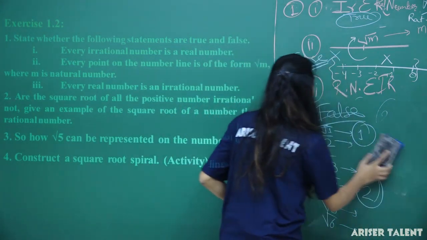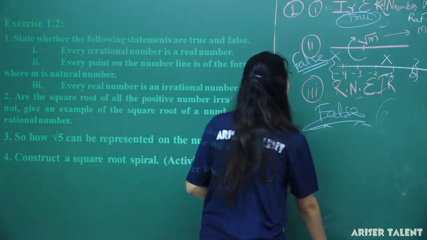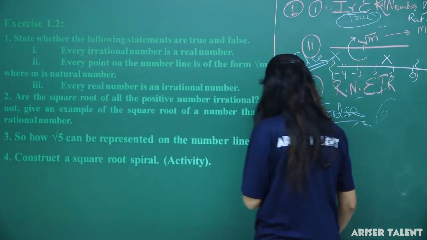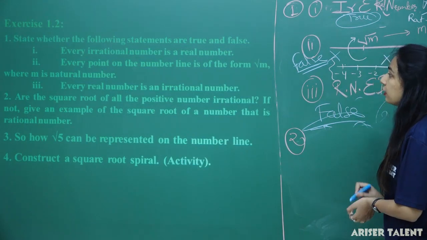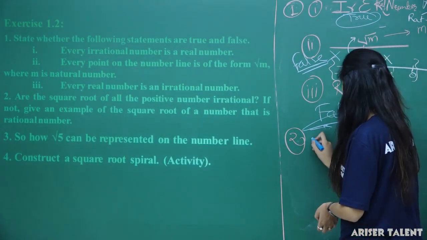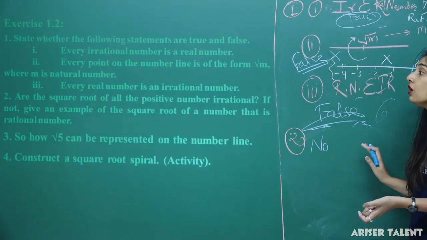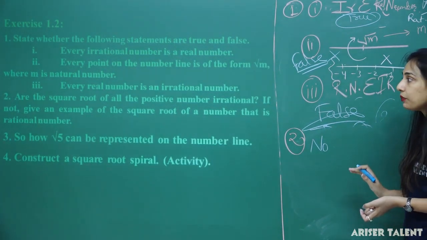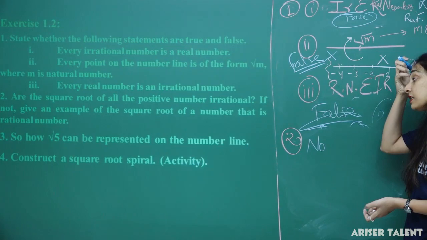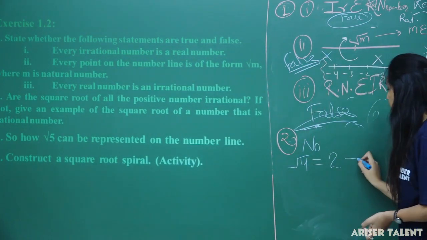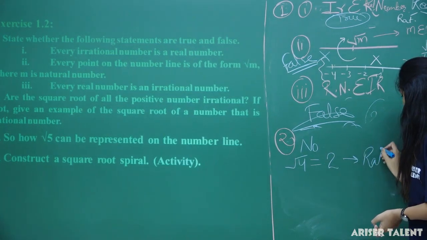So what will be the answer to the second question? Are the square roots of all positive numbers irrational? No, simply no is the answer. Now, give an example of a square root of a number that is rational. Root 4 equals 2, and 2 is a rational number.